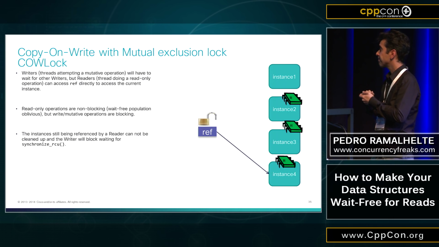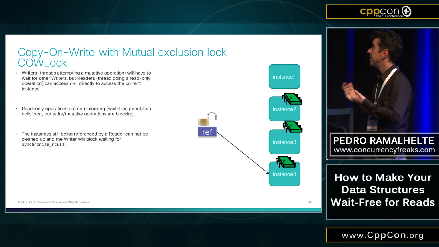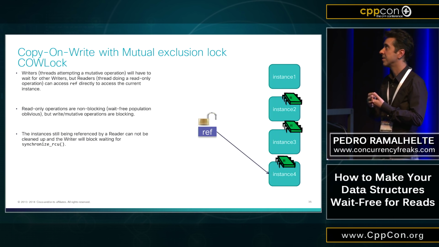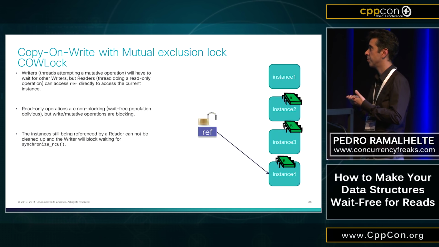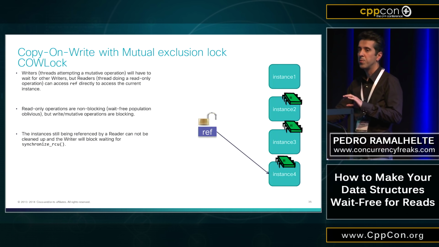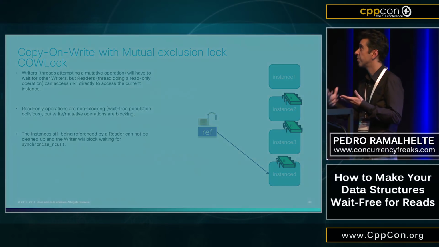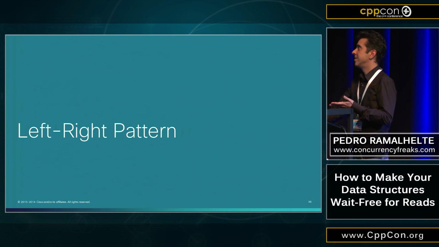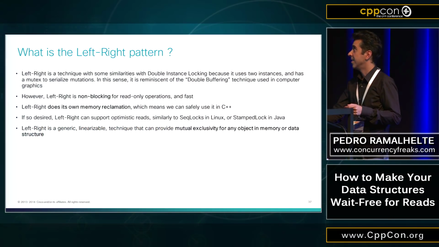And the thing about this is that it has a property called linearizability, which we'll go into more detail if we have time. And it's the same kind of property as a mutual exclusion lock or a reader-writer lock. So it provides the same kind of stuff. So this is the good part, left-right.